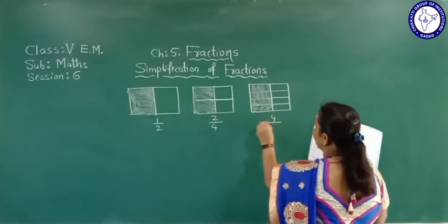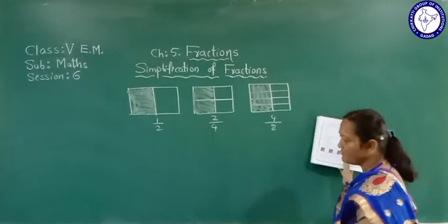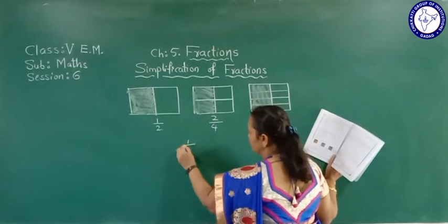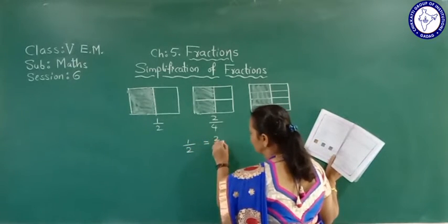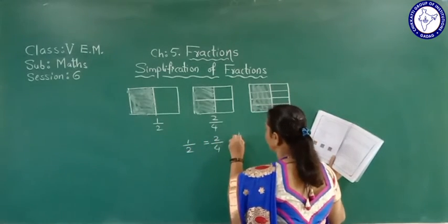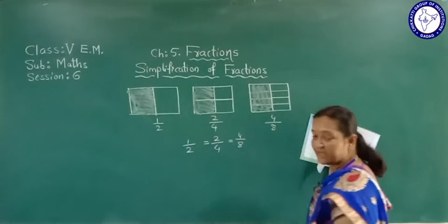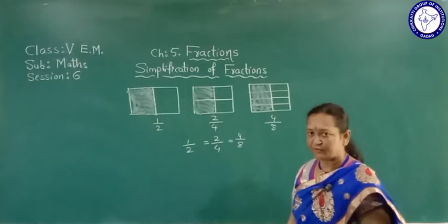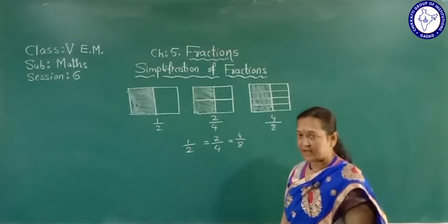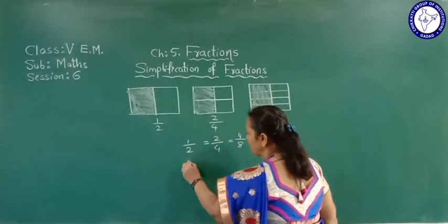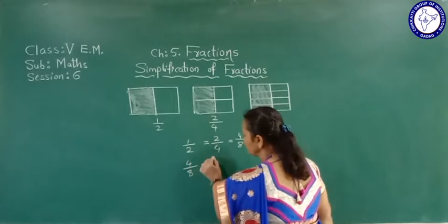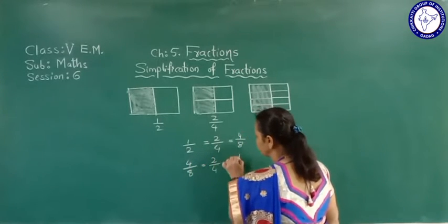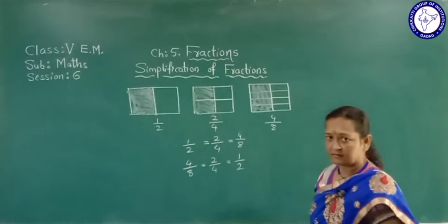We write it 4 by 8, and we know 1 by 2 equals 2 by 4 equals 4 by 8, and we call them equivalent fractions. If 1 by 2 equals 2 by 4 equals 4 by 8, then definitely 4 by 8 equals 2 by 4 and equals 1 by 2, isn't it?